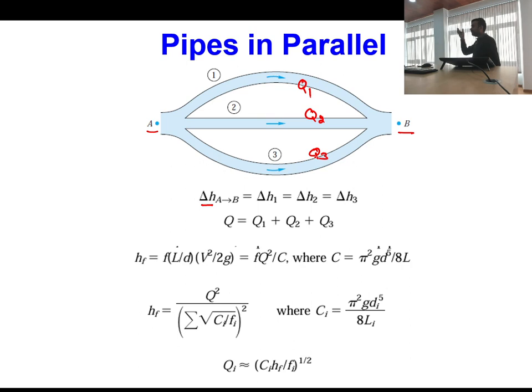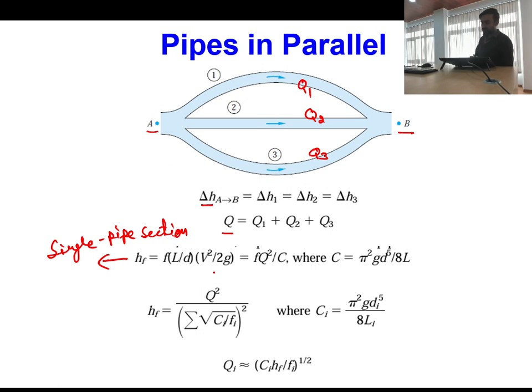So there are different flow rates in the individual pipes, and the total flow rate through this complete junction will be nothing but the sum of the flow rates through the individual pipes. Now, if I consider only a single pipe section, I can represent the head loss, particularly the major frictional head loss, as f L by D times V square by 2g.